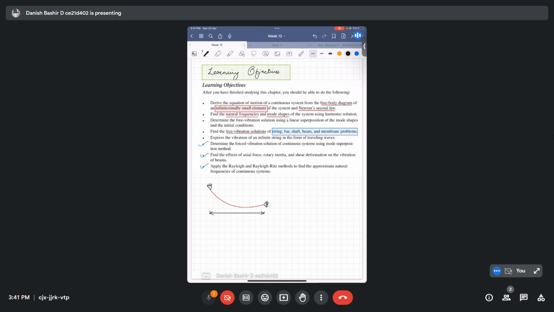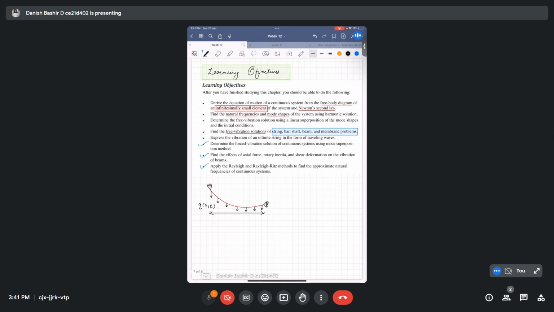It's being acted by some dynamic loading, let's assume f of x comma t. We will derive the system governing differential equation for this type of system as well.